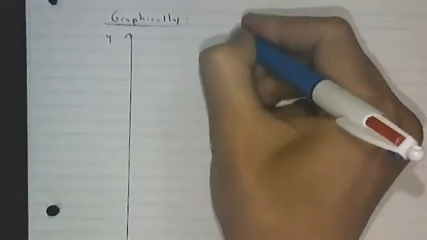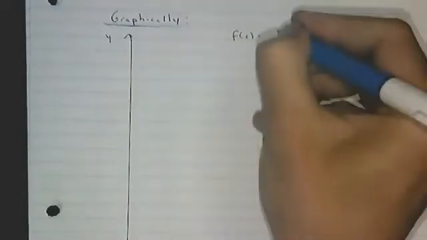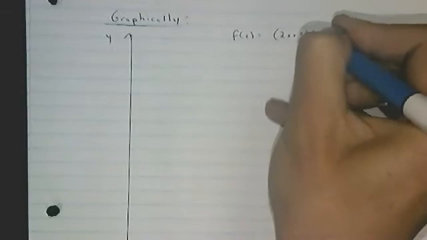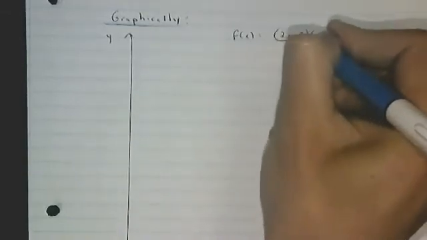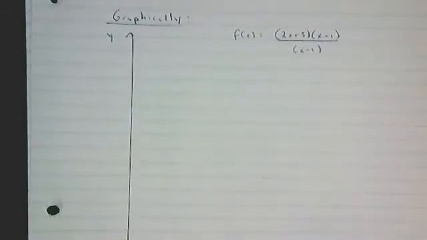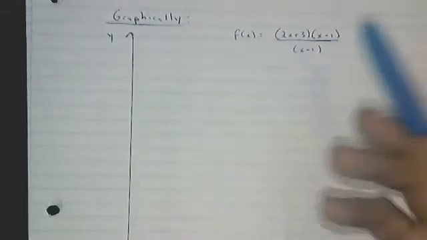So this is going to be f of x is equal to (2x plus 3)(x minus 1) divided by (x minus 1). Basically, we're just going to graph 2x plus 3 with a hole in it.